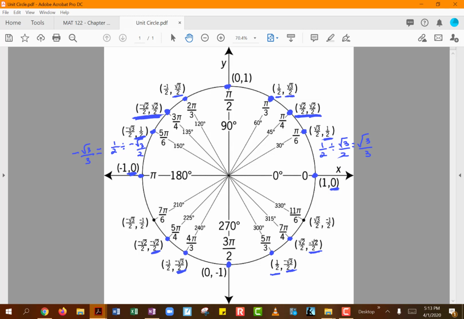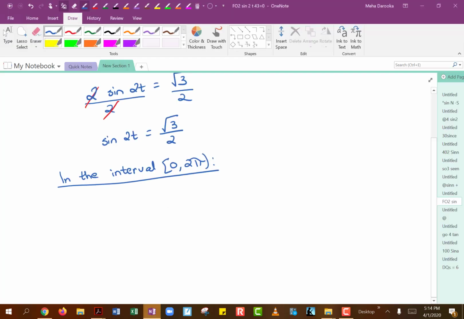Again, that's at the 60-degree angle, so that's your pi over 3. And it's also going to be the 120-degree angle, which is going to be 2 pi over 3. And I think those are the only two angles where we have a positive square root of 3 over 2.